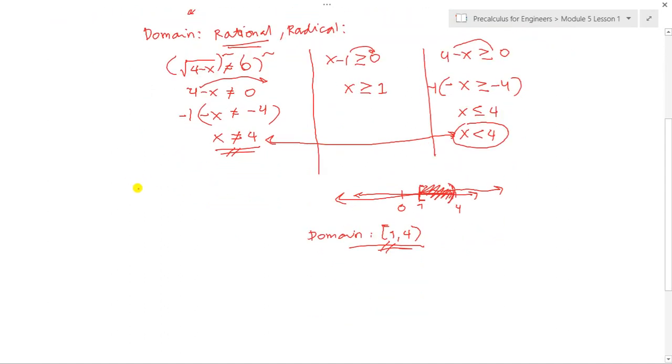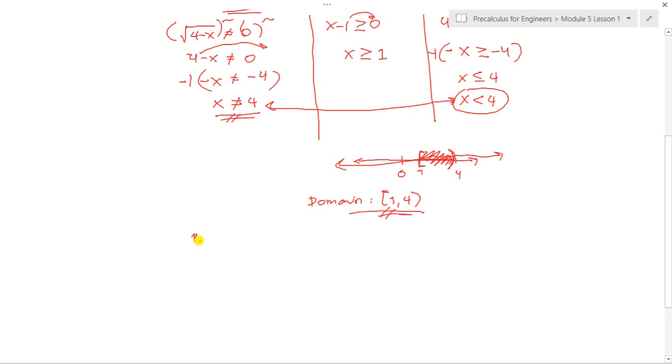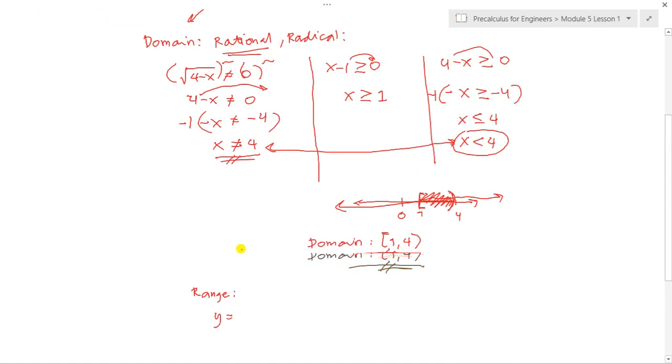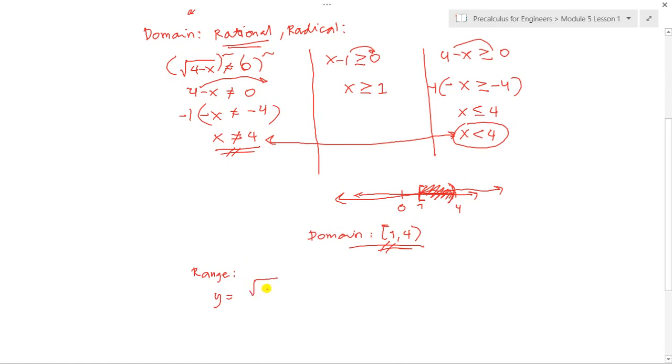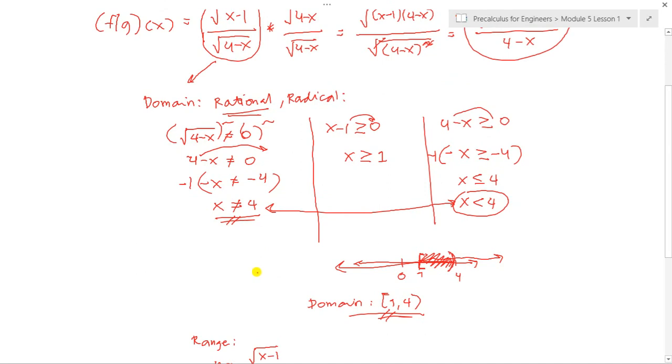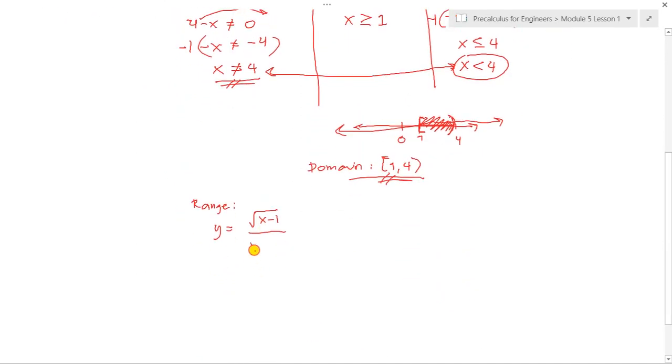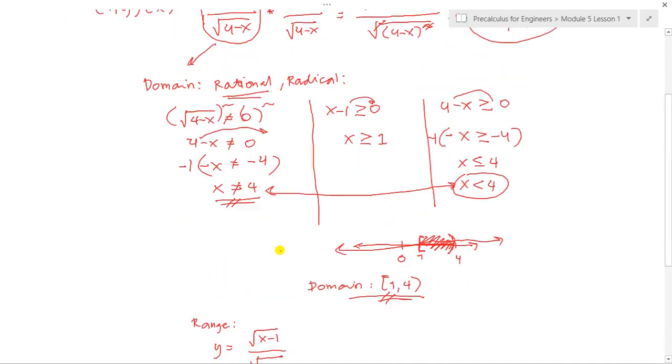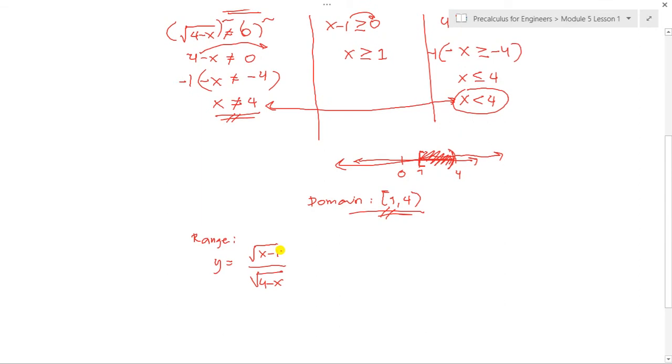Now in order to solve for the range, class, y is equals to the square root of x minus 1, and then we have here square root of 4 minus x. Diba square root of 4 minus x. Actually pwede man nato ma-combine.